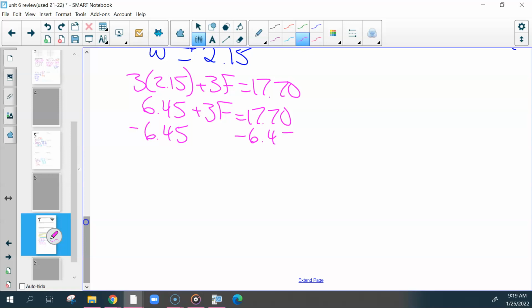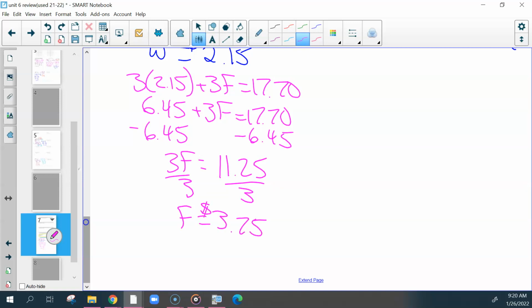And then we could subtract. 3x equals 1135? 25. I was close. And then divide it. Tell me what that is. 75. 75. Make sure you have your units. So here we're looking for cost, so your units would be dollars.